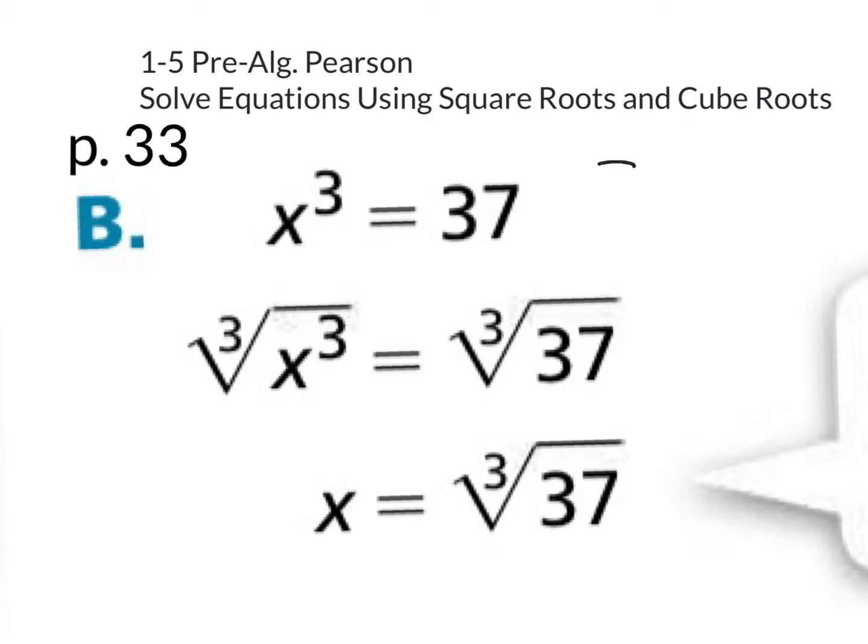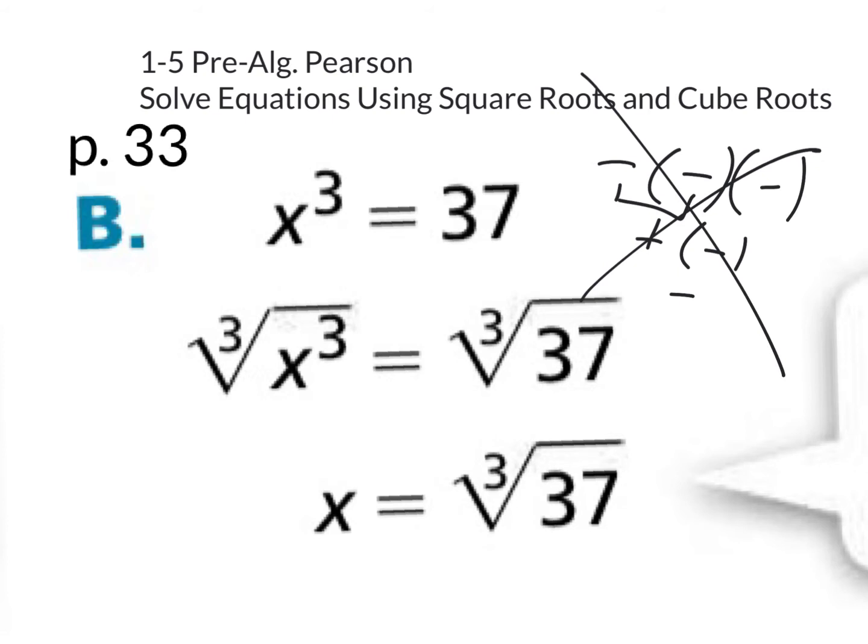That's good. But if you did negative times negative times negative, negative times negative is a positive, and then a positive times negative is negative. So it doesn't work for us to say that a negative answer would work also, unless there was a negative there already to start with. If there was no negative to start with, we're not going to add anything for a cube root problem.